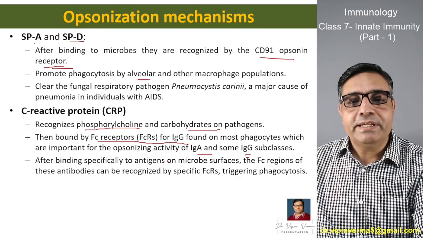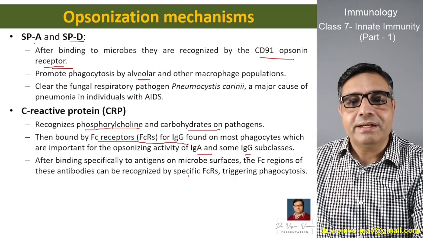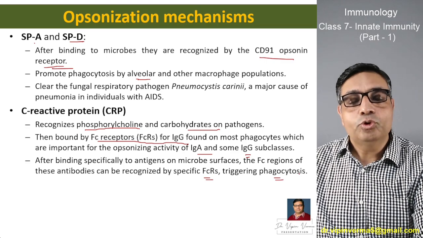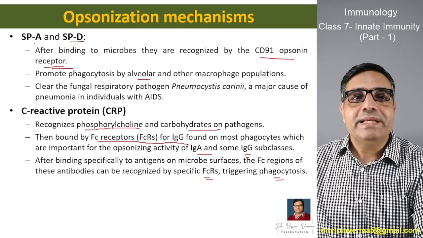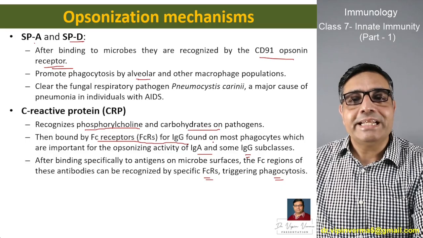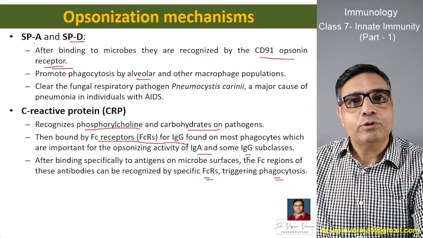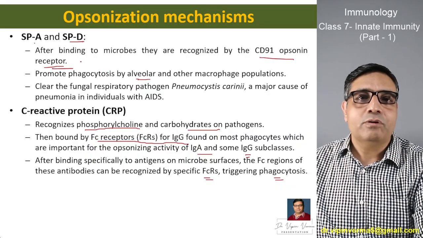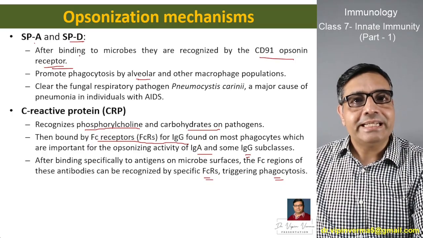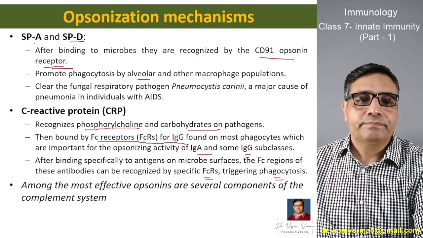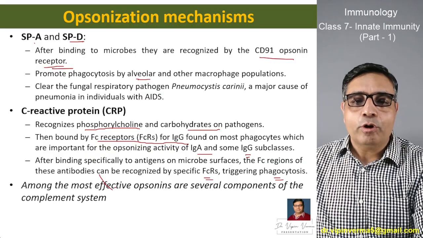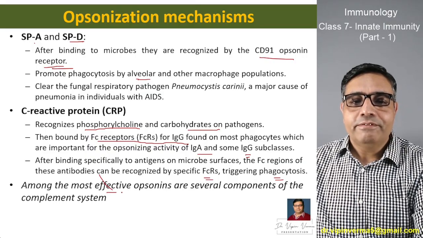After binding specifically to antigens on the microbe surface, the Fc regions of these antibodies can be recognized by specific FcRs, and it triggers phagocytosis. So ultimately here also CRP is facilitating phagocytosis, and SP-A and SP-D are also facilitating phagocytosis, and previously discussed opsonins are also facilitating phagocytosis. Among the most effective opsonins are several components of the complement system.